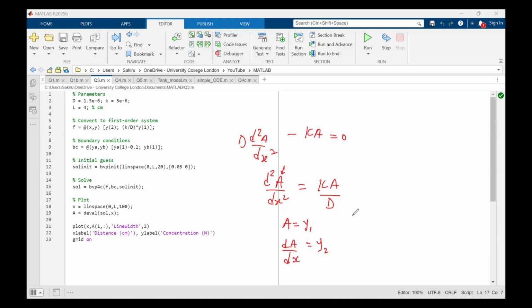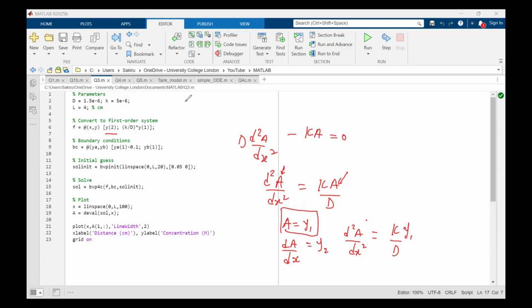Which means that d squared A dx squared is basically k over D times A, and instead of writing A, I can write it as y1 because A is y1. That is what I have in this equation. So I want to return y2, the differential.